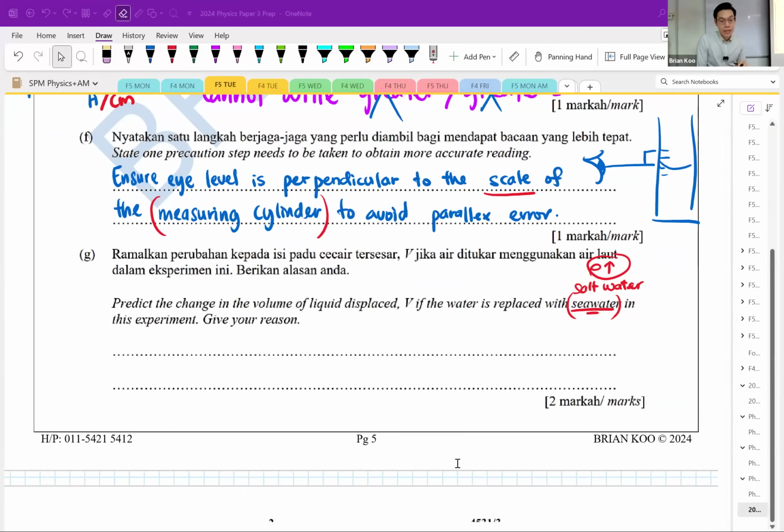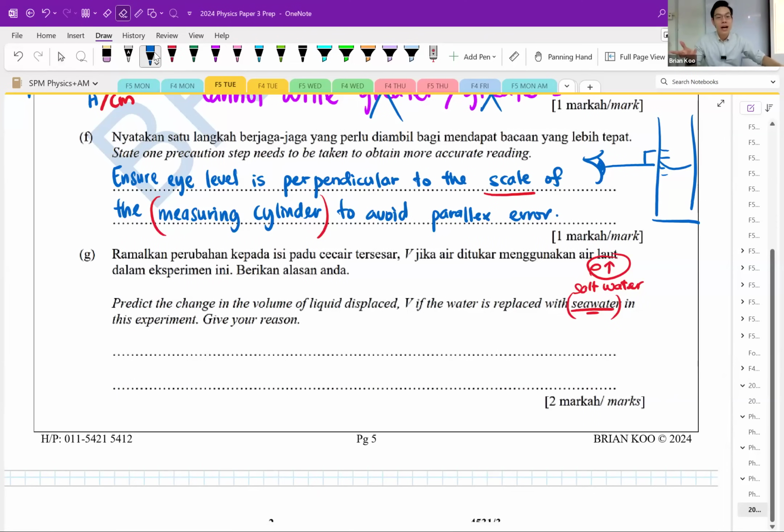Okay. Someone asked, for precaution, you can write, take 2 readings and find the average. Can also. You can also say, repeat the experiment 3 times and find an average value, so that reading is more accurate. Can also. Okay. But I think the eye level one is the best.